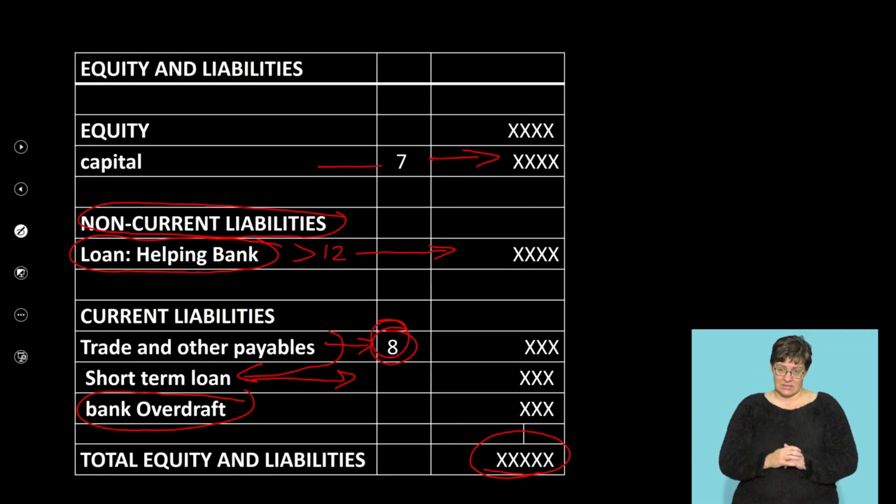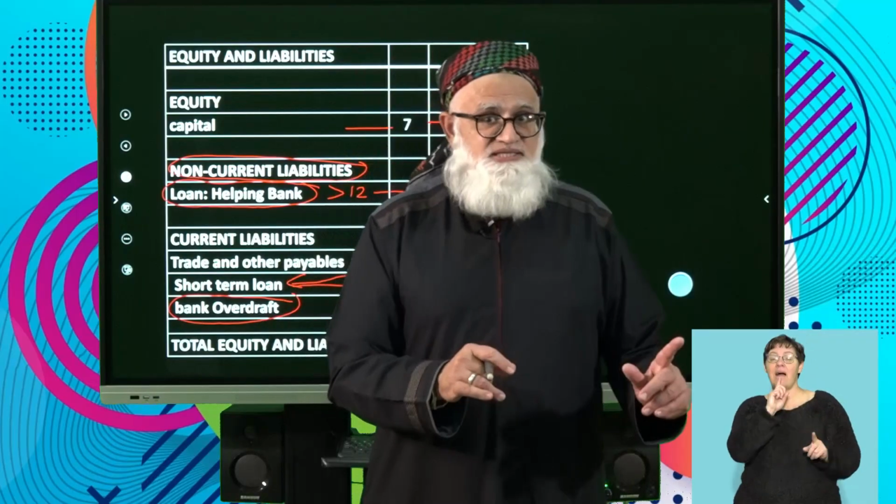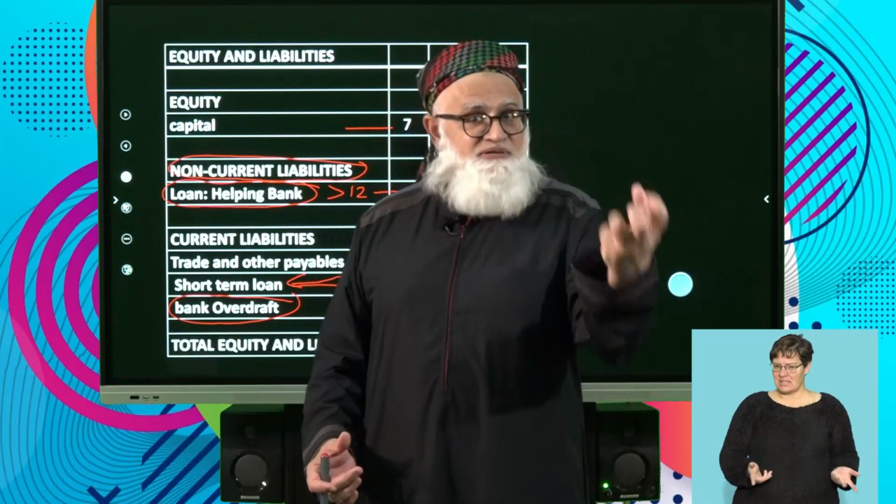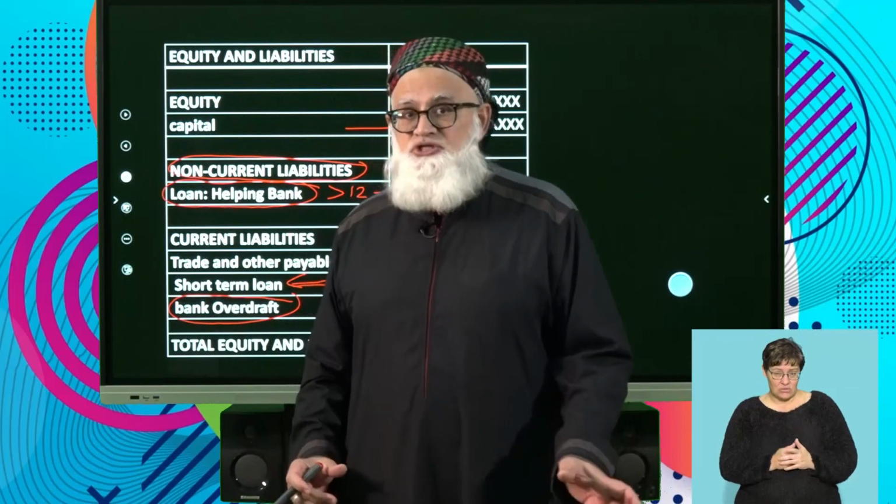Right. So what type of an account is bank? The question is, what type of an account is bank? The answer is, it depends on what? On whether bank has a debit balance, favorable, or it has a credit balance, is in overdraft. Got that? So don't make any assumptions.